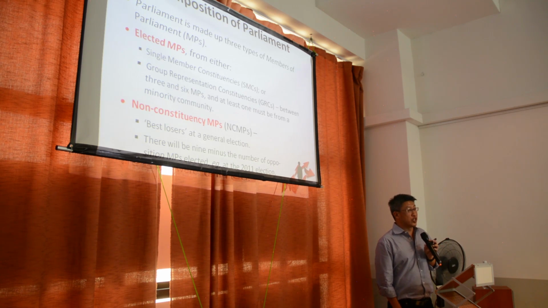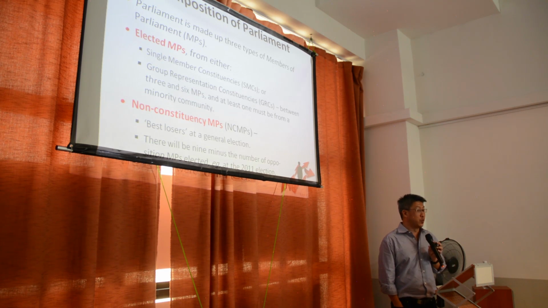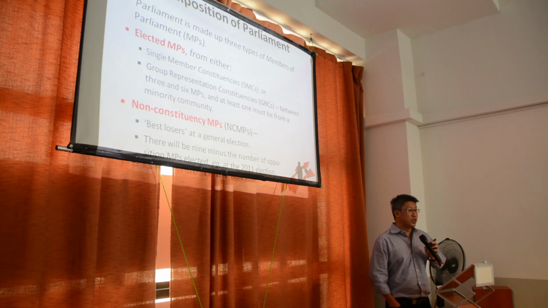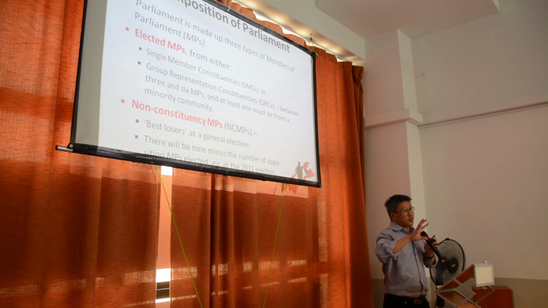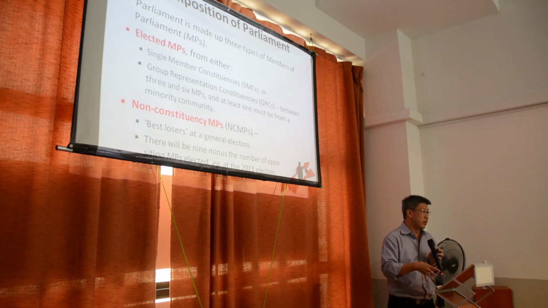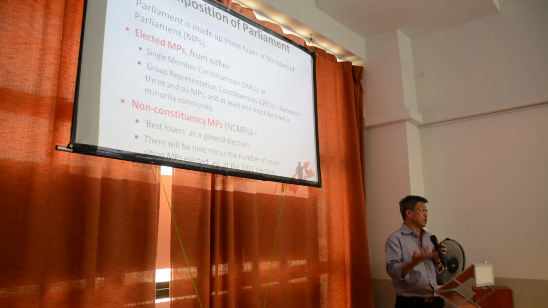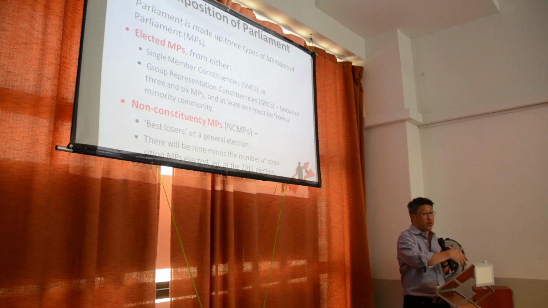And all this is actually fixed beforehand by the Prime Minister, and it can change from time to time, depending on which election we are talking about. So it's not sort of like, Holland Bukit will always be a GRC. It may change depending on which election you are at. And of course, they may decide that we're going to change the number of people in the GRC from 5 to 3 or something like that.